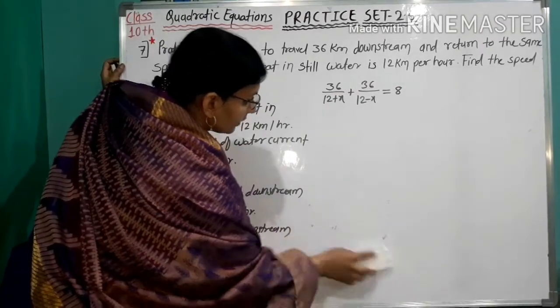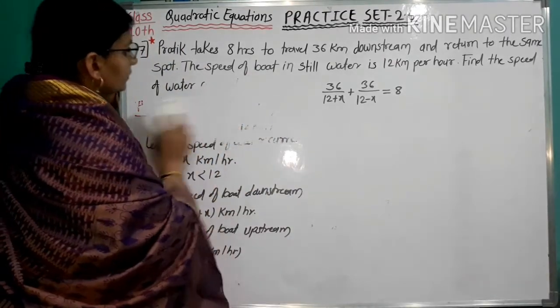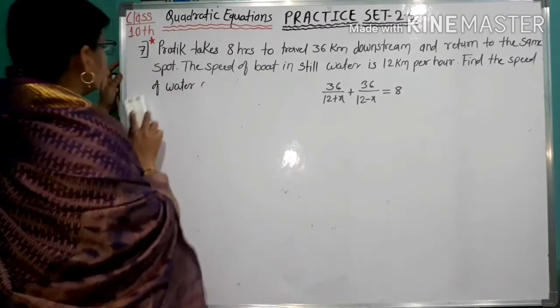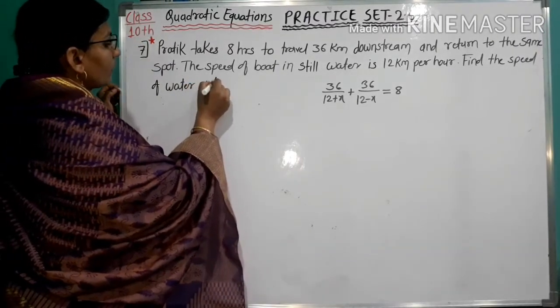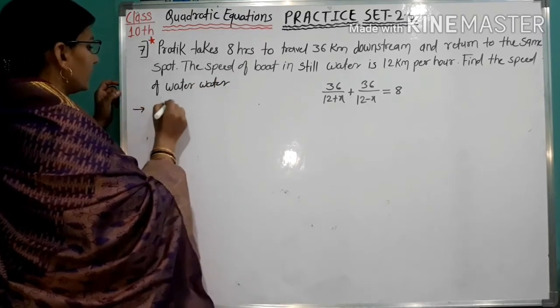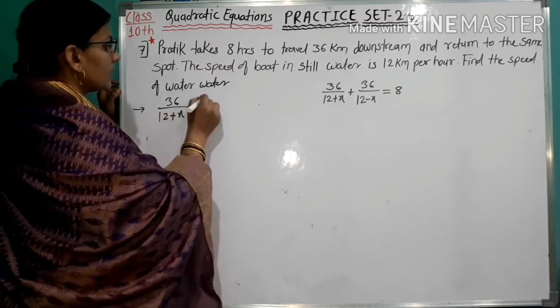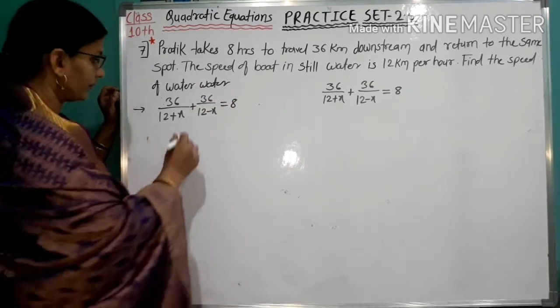Now we solve this equation. 36 upon 12 plus x plus 36 upon 12 minus x equal to 8.